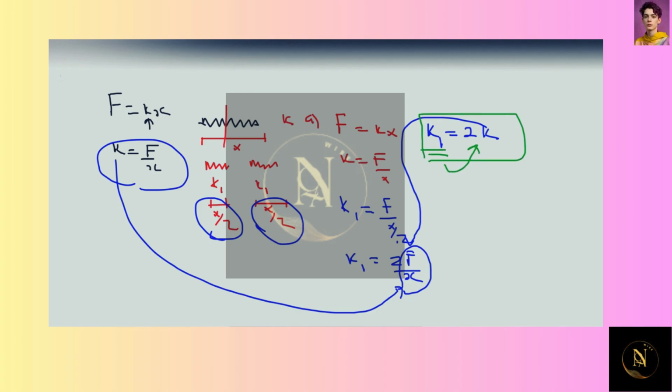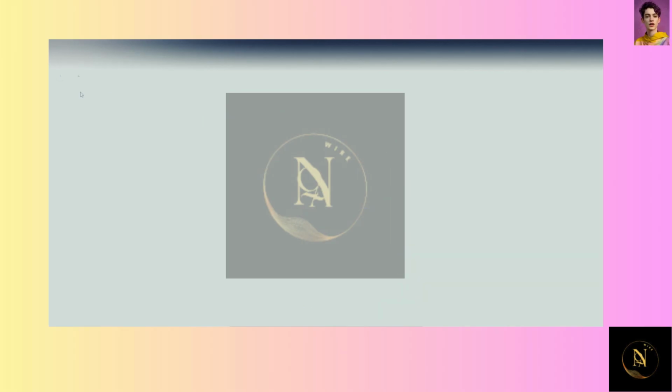The second part of the problem assumes you have a spring initially with the length of x, and then you split that into three different parts. So it's going to be x over 3, x over 3, and x over 3.